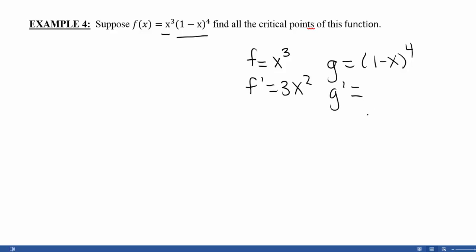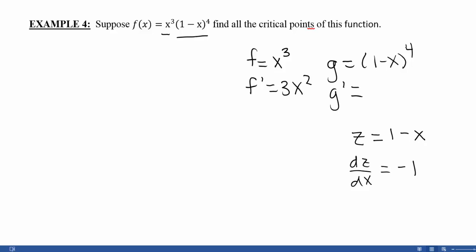So with my chain rule, I need to figure out what my substitution is going to be. So my z is going to be whatever is inside the parentheses, which is 1 minus x, and my dz dx is the derivative of that. So the derivative of 1 is 0, and the derivative of minus x is negative 1.